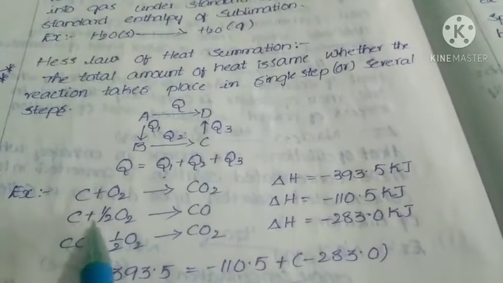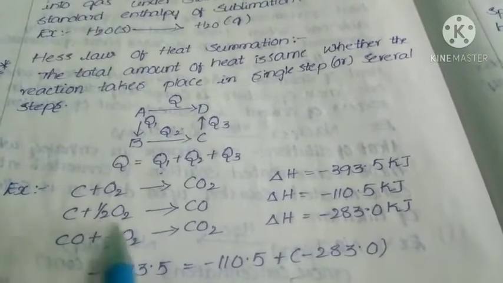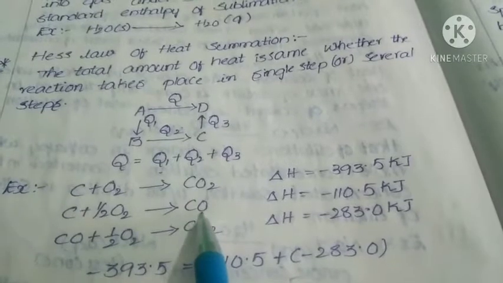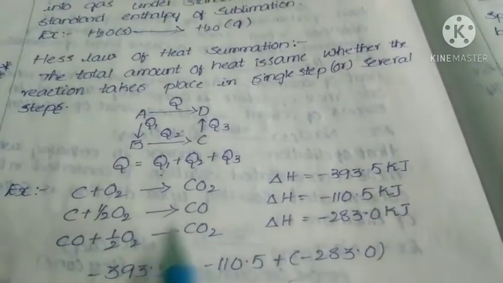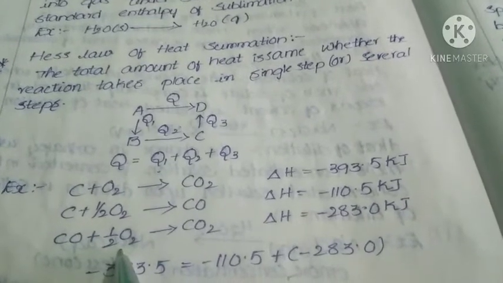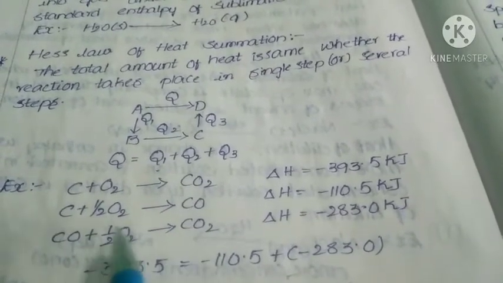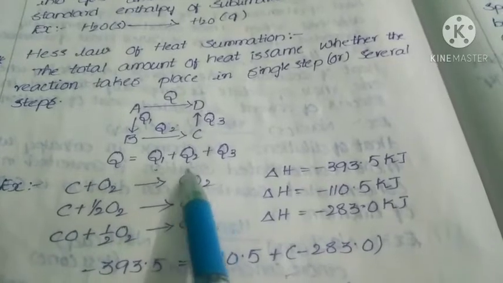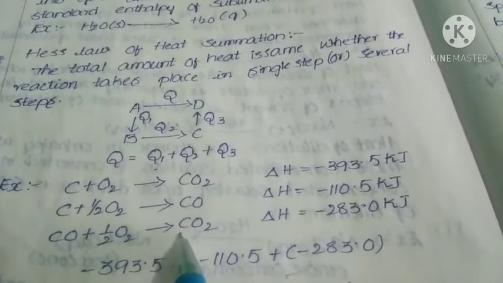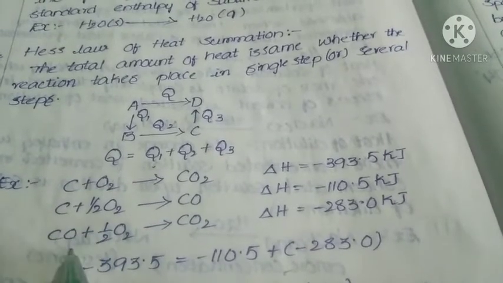First, when carbon reacts with half a mole of oxygen, then we get CO. When it needs some energy, that is this. When this CO reacts with another half mole of oxygen, then we get CO2. Here we got CO2 in one step. Here we got CO2 in 2 steps. This is one step, this is second step.